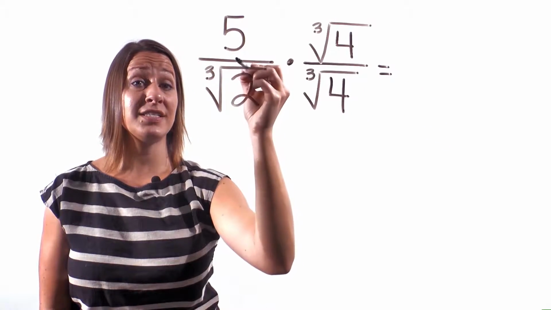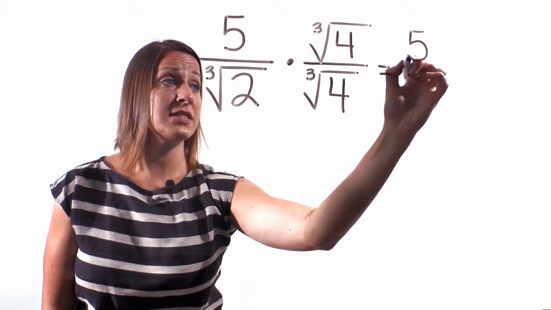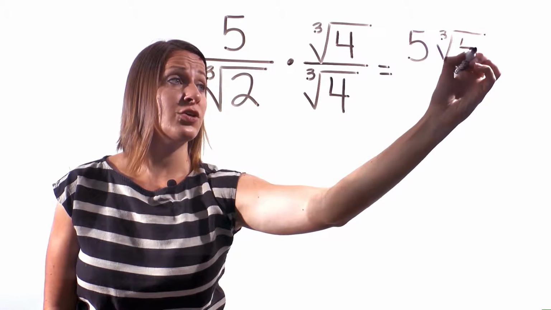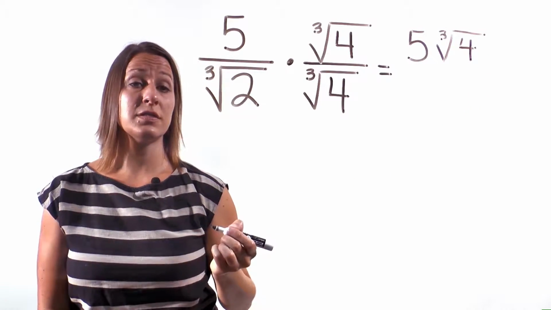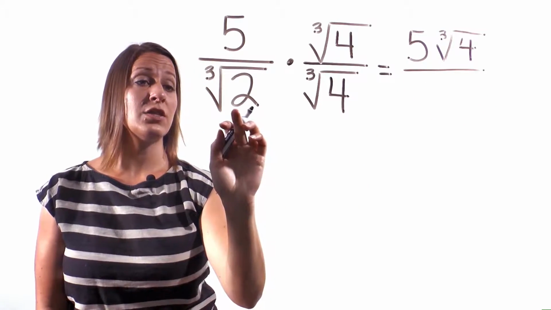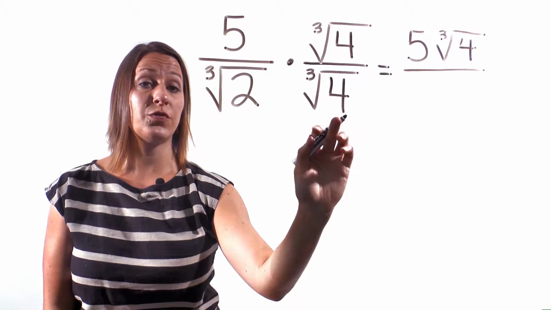Because the 5 is not inside of the radical symbol, it stays on the outside, and the cubed root of 4 just sits right next to it, over the cubed root of 2 times the cubed root of 4.